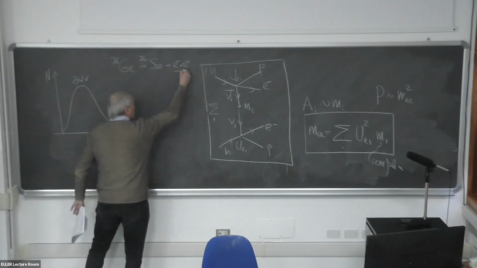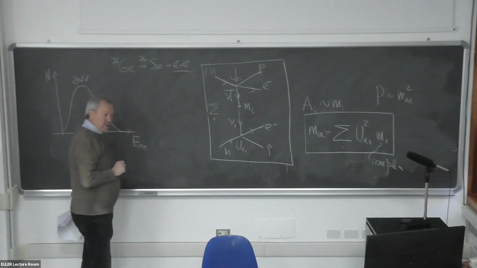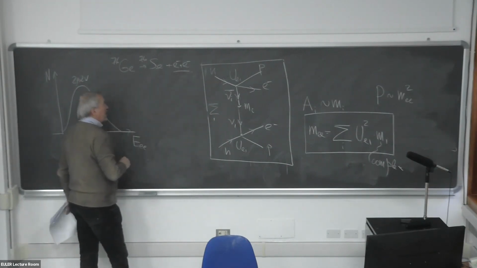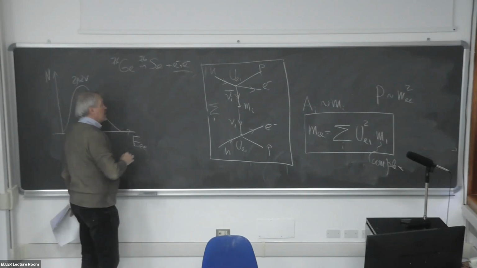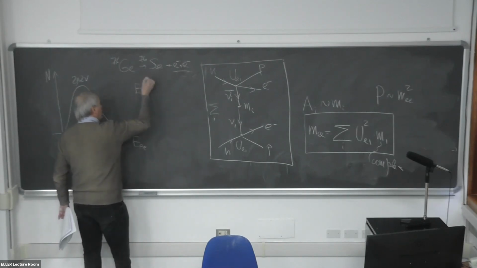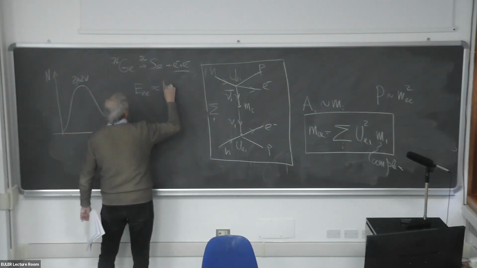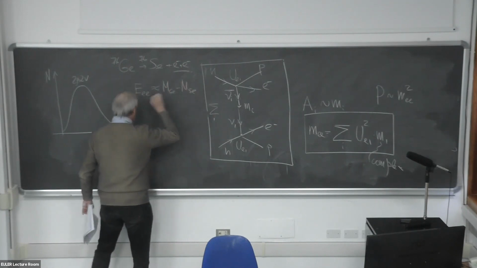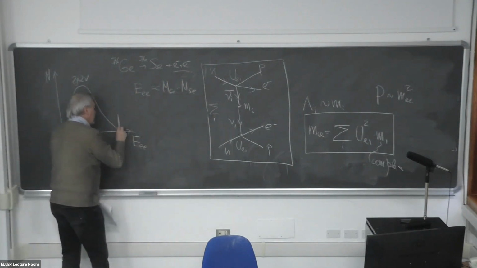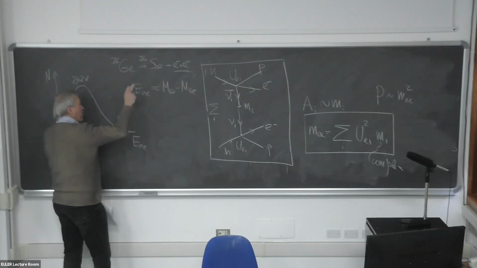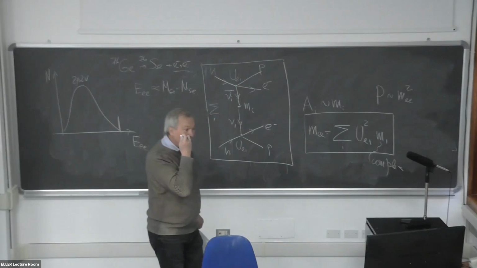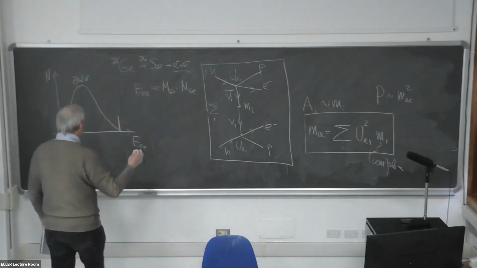For this process, there is no neutrino, and therefore the sum of energies of the 2 electrons is just given by the difference of masses of the nuclei. So it's fixed, and it's at the end point of the spectrum. So you expect for this process to see a peak here at the end of the spectrum. So the overall picture is the following.